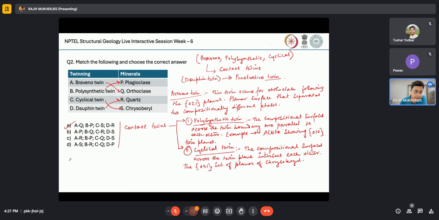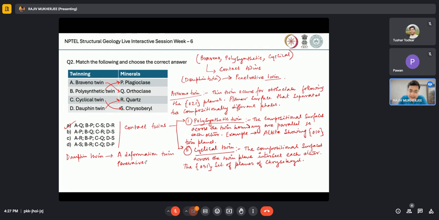Now, what is Dauphin twin? Dauphin twin is a deformation twin and hence it is penetrative. Right, because Braveno twin, polysynthetic twin, all these kinds of contact twins, are essentially originating from compositional heterogeneity.